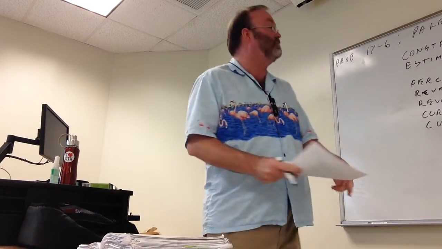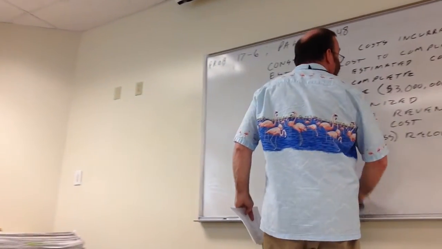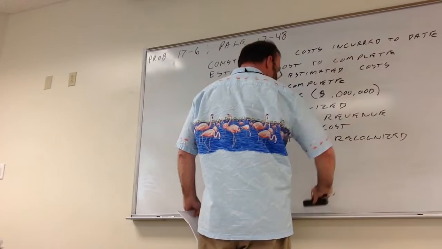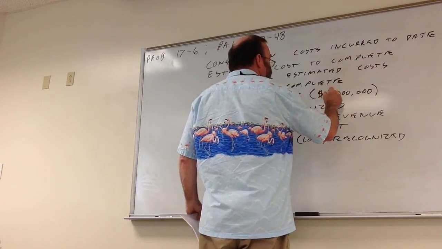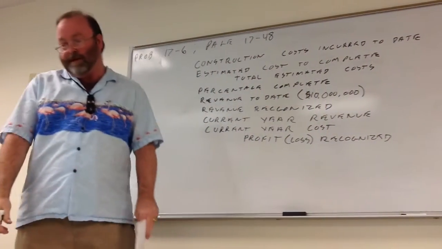On this one, Rice signs a contract, another dam project, over a period of 3 years for a price of $10 million. So now we've got a contract price of $10 million. Construction costs incurred, and then they give you the numbers each time.